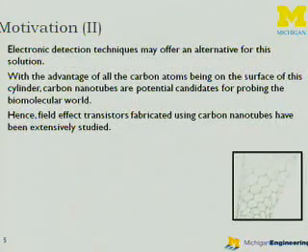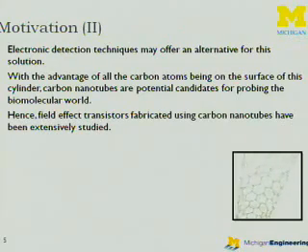Hence, we came up with electronic detection techniques, such as field effect transistors fabricated using carbon nanotubes, as an alternative solution. With all the carbon atoms being laid on the surface, the carbon nanotube has become a potential candidate to probe the biomolecular world.